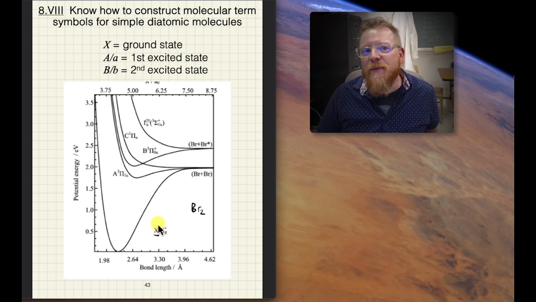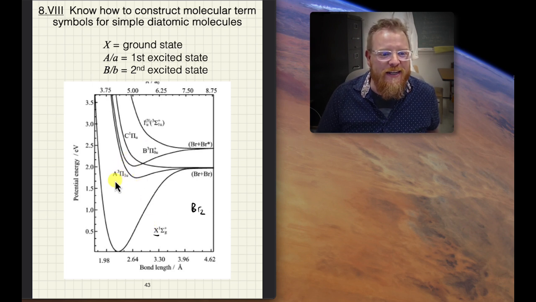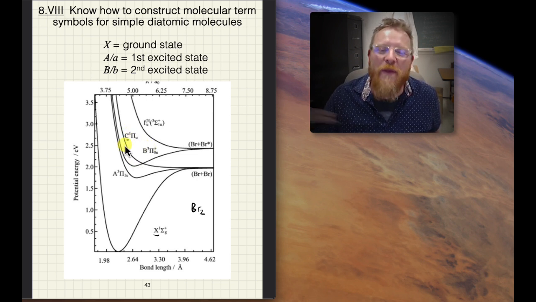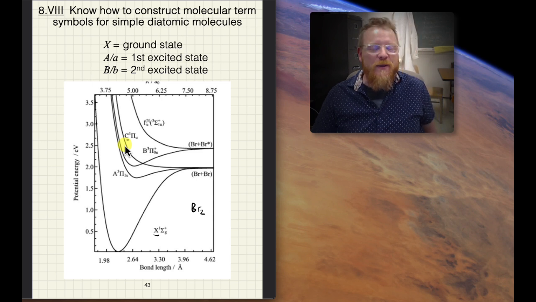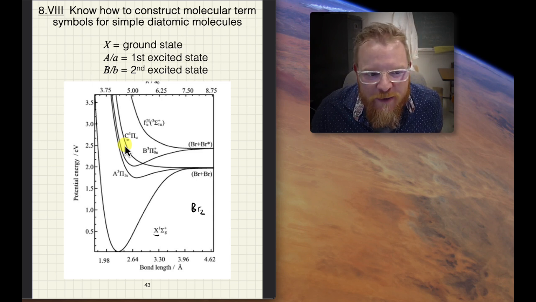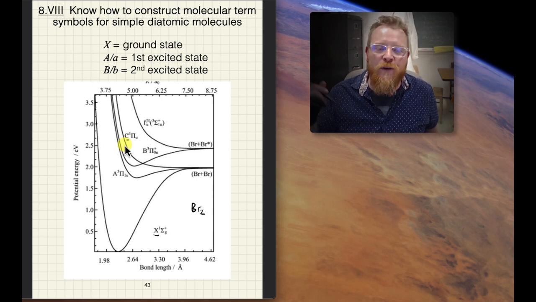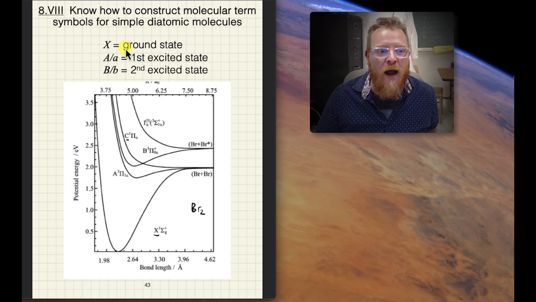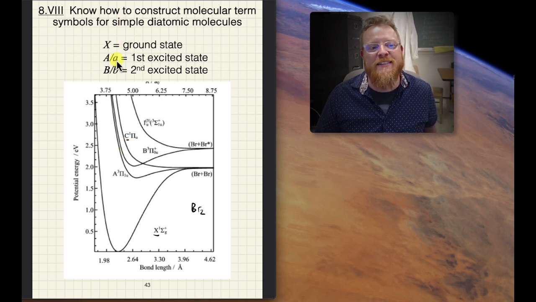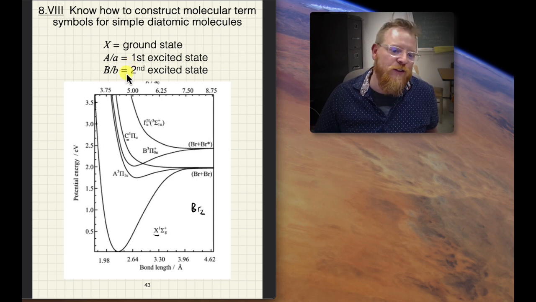So there is a little bit of inconsistency there. So just be warned of that. But all the same, you can see here that it does follow A, B, C, but they didn't start the lettering over when they got to that first singlet state. So again, there is a little bit of inconsistency there, but universally X marks the ground state, and then you will generally see A as the first excited state, B as the second excited state, and so on.